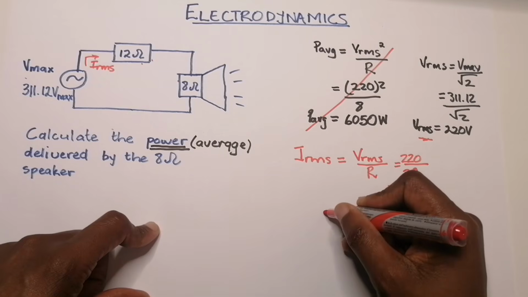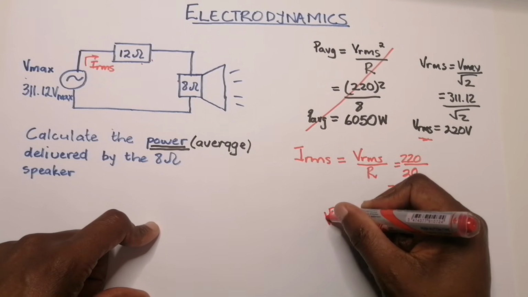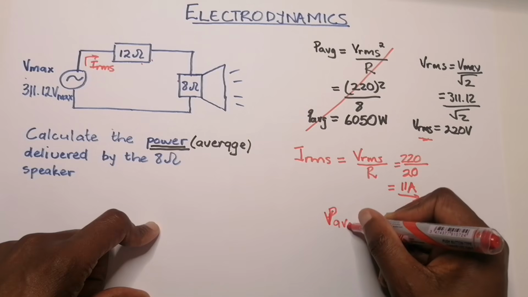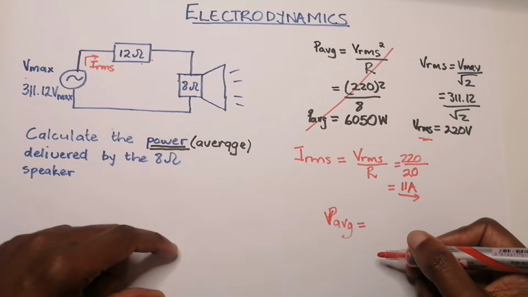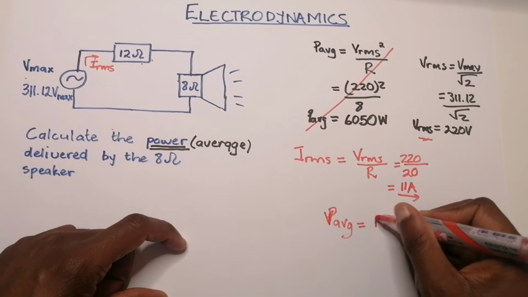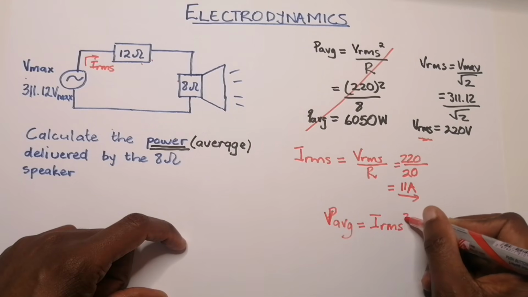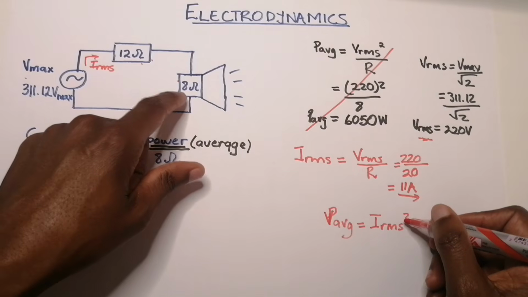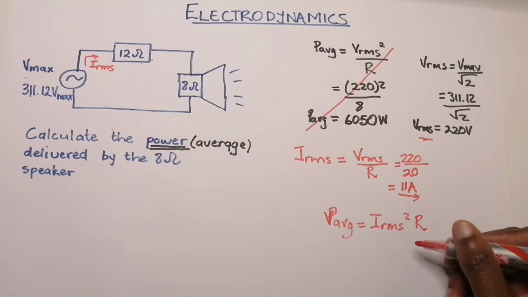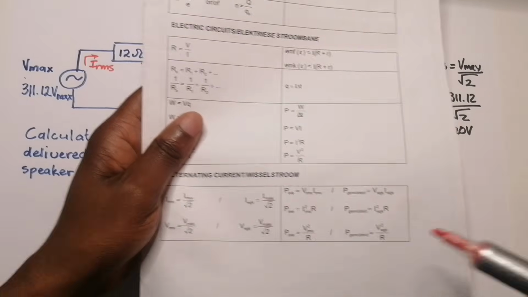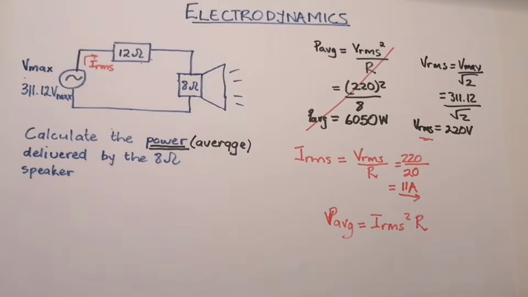So for average power, instead of finding the voltage, I could just say it's going to be I RMS squared, the specific current passing there, multiplied by R. I'm using this formula because I know the current and I know the resistance.